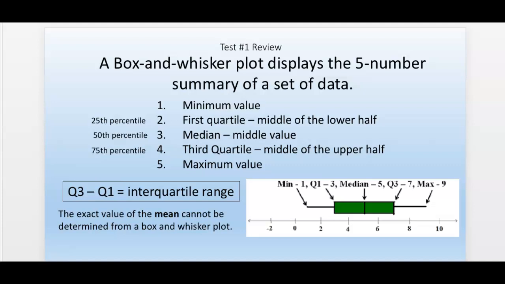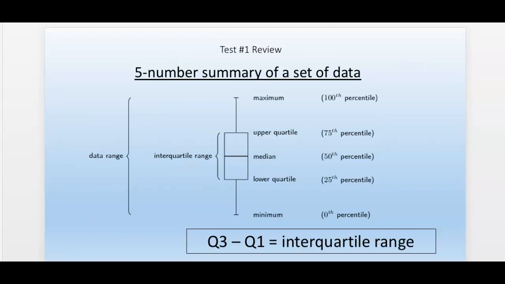The exact value of the mean cannot be determined from a box and whisker plot. Not the mean, but you can get the interquartile range, which is 50% of the data. Again, there's a nice display to show you what happens. Remember the quartiles: 25%, 50%, 75%.